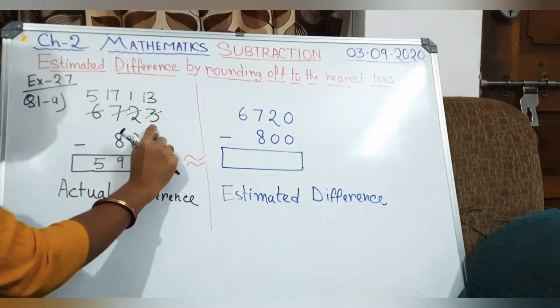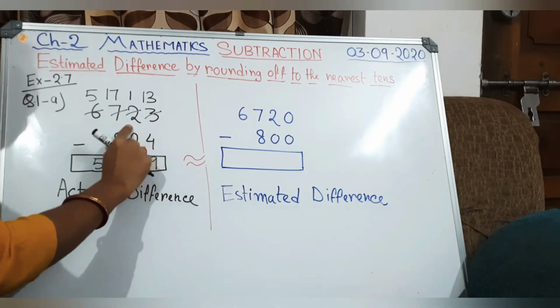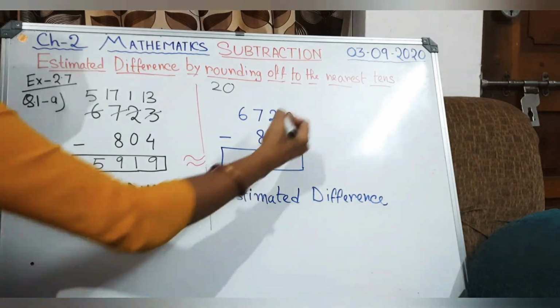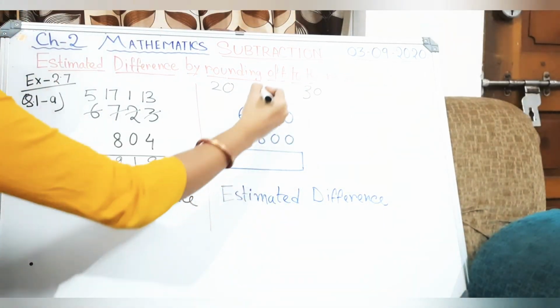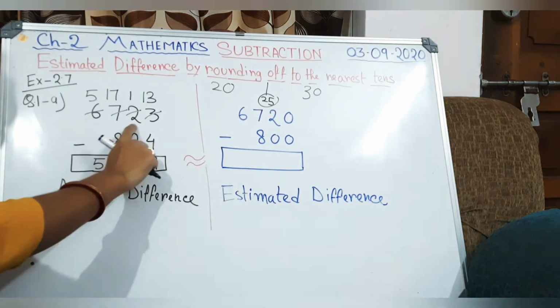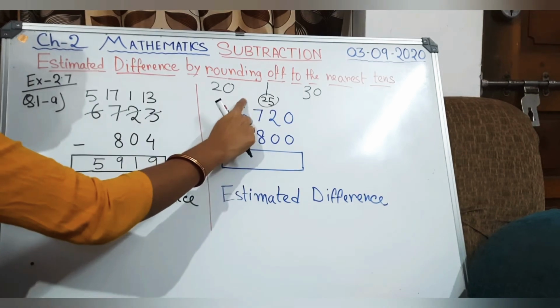Why? Because this number is 23. So this scale I have to keep in my mind that this 23 is starting from 20 and its last limit is 30. So in between 25 is there. So I have to check this 23 is not more than 25, it is lesser than 25.